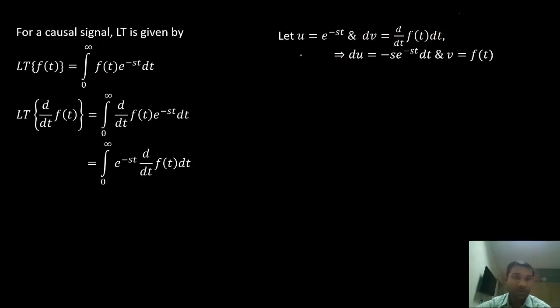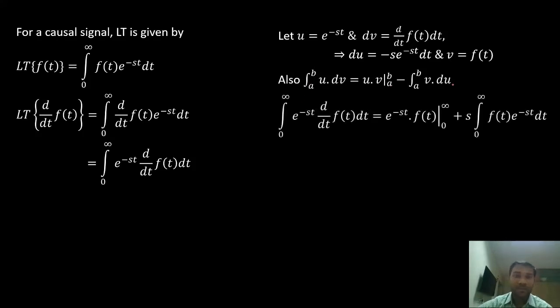So what is my Laplace transform now? It is going to be equal to uv minus integral v du. And the limits are going to be the same. Whatever limits we have here, the same limits will continue. Now my Laplace transform is going to be equal to, what is u? U is e power minus st. So e power minus st multiplied with v.